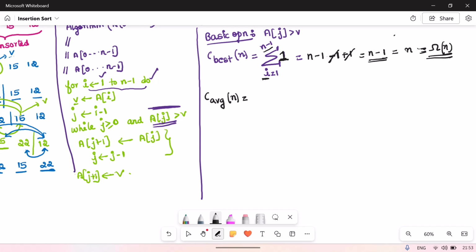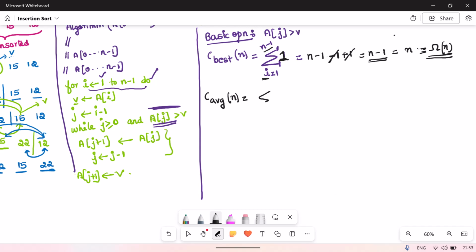We'll assume that when you are inserting the ith element, it needs to be compared to half of the already sorted elements before it. We'll assume that half of the elements are already sorted. In case of average, some elements are sorted, some elements are not sorted. We'll assume that half of the elements are sorted.